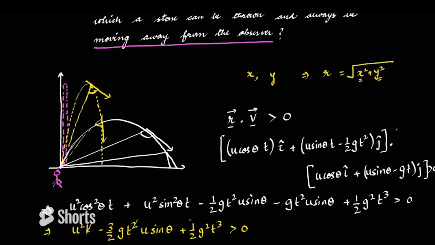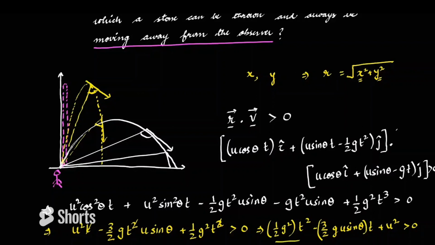So now t square gets cancelled, and this is a quadratic equation. You can clearly say quadratic expression rather, because equation is when it is equal to 0. It will be equal to half g square t square, and then we will have minus 3 by 2 g u sine theta into t plus u square is greater than 0.